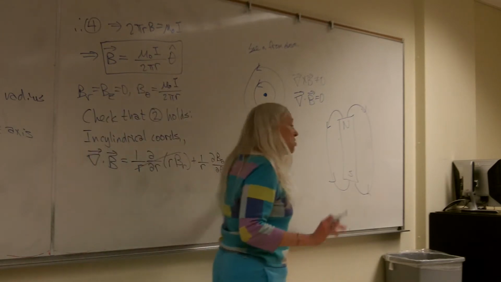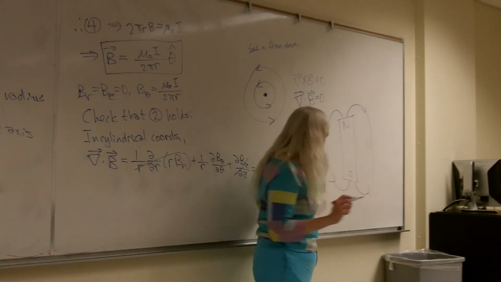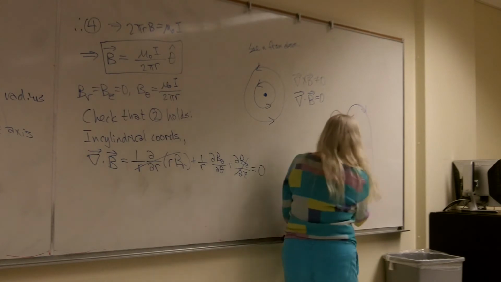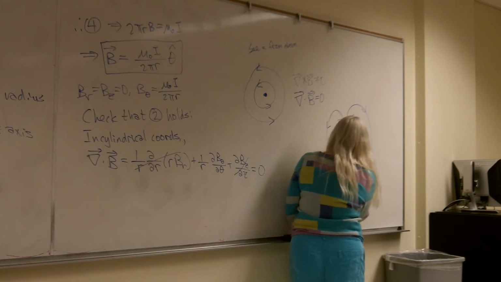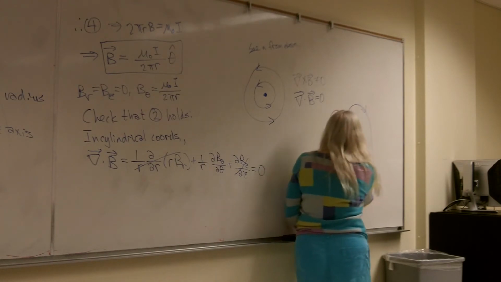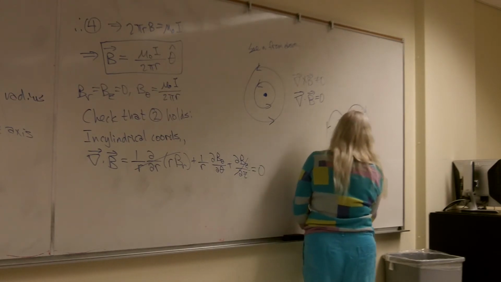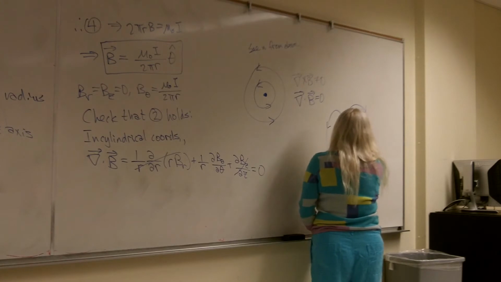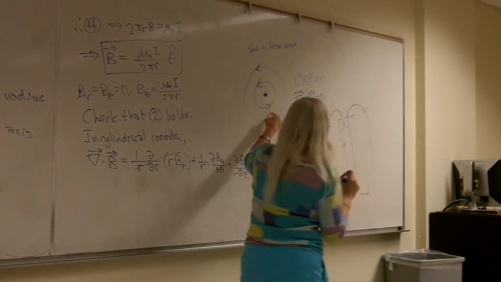But the analogy is not really very good, because remember, this isn't the whole picture. These field lines don't end here. They actually go through the interior of the magnet like this to connect back up to the other end. So they do form closed loops. In that sense, they're similar to these.